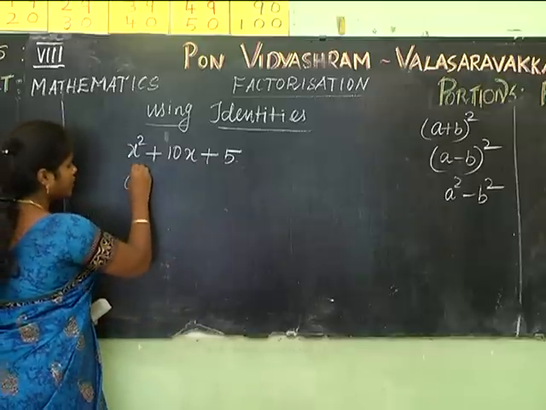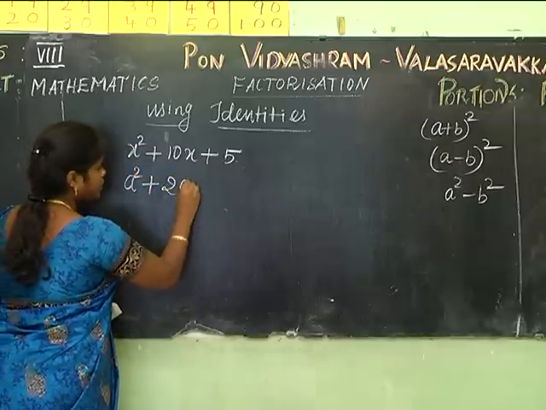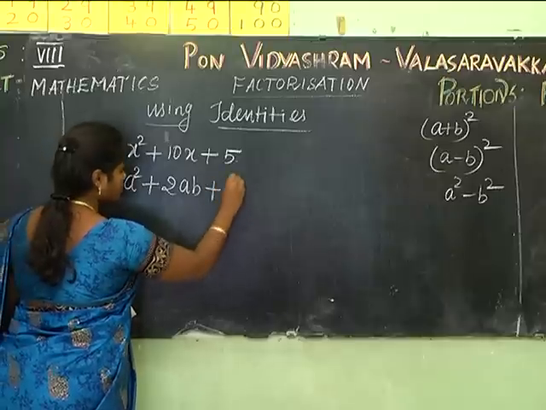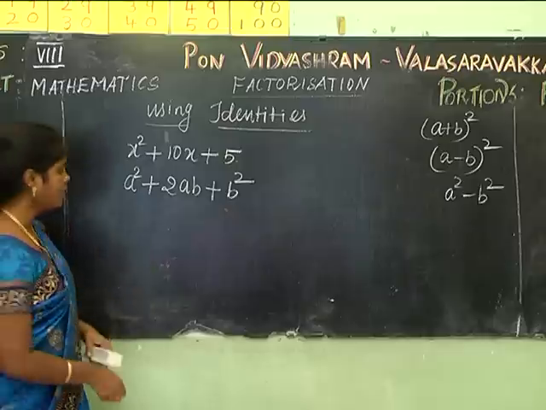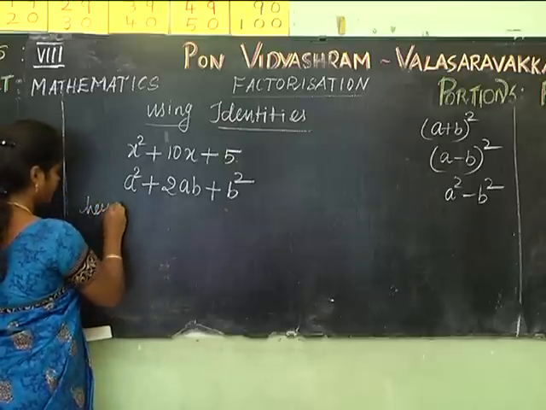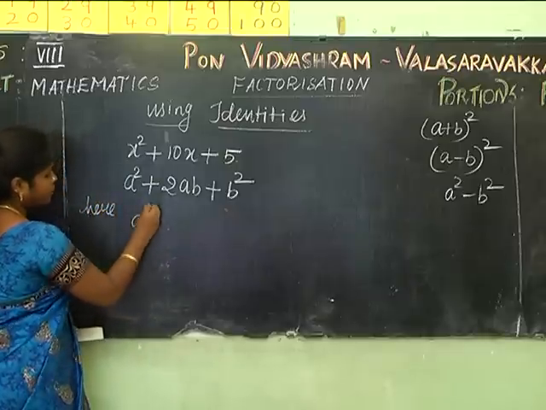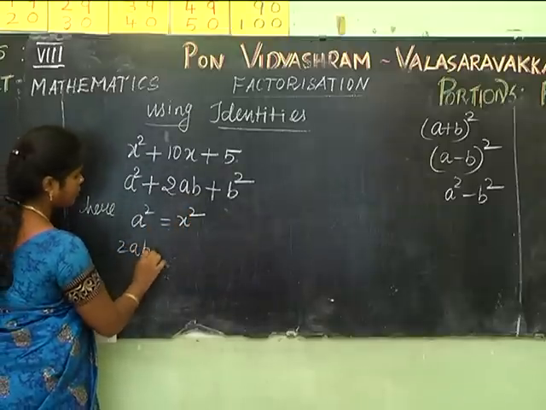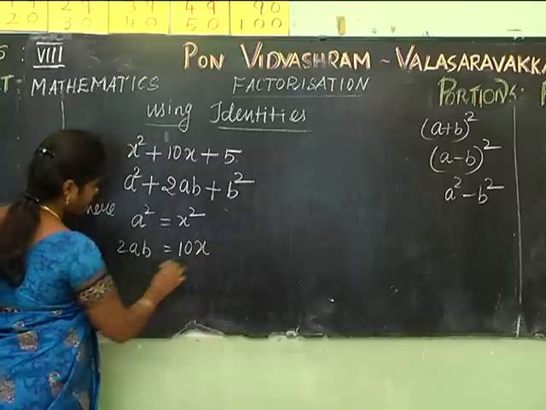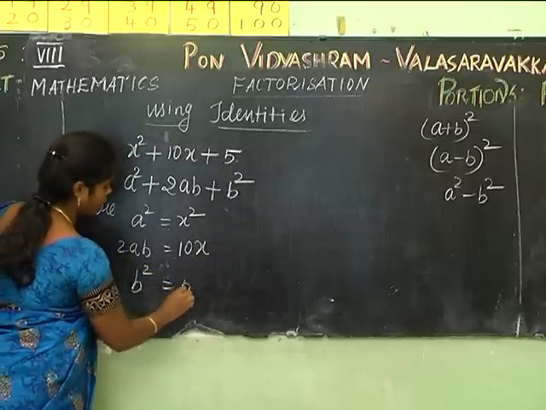This is of the form a square plus 2ab plus b square. Now compare both expressions. Here a square is equal to x square, 2ab is equal to 10x and b square is equal to 5.